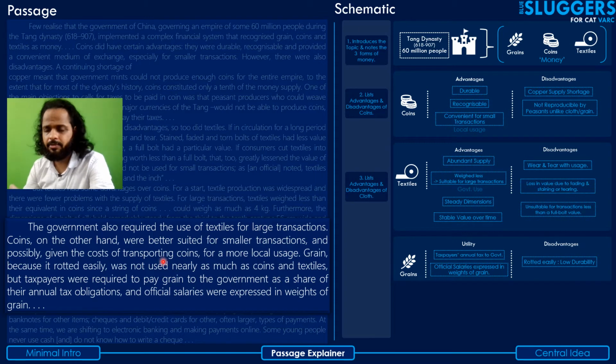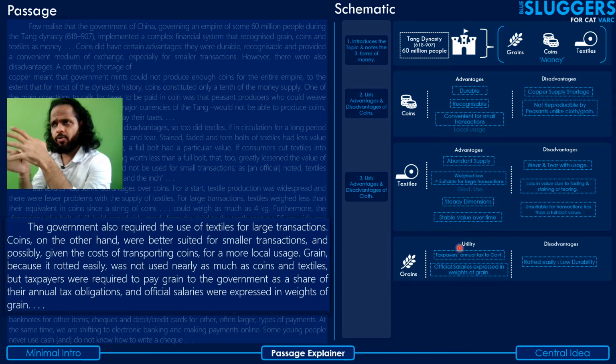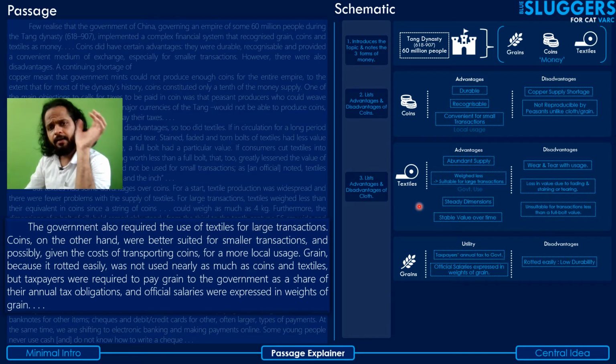Because of the cost that would be involved in transporting coins, given that for the same amount of value that they had to represent, they would weigh a lot, and hence there would be transportation costs involved, and hence they were restricted to local usage. So he has talked about the two differential situations where textiles and coins were used.